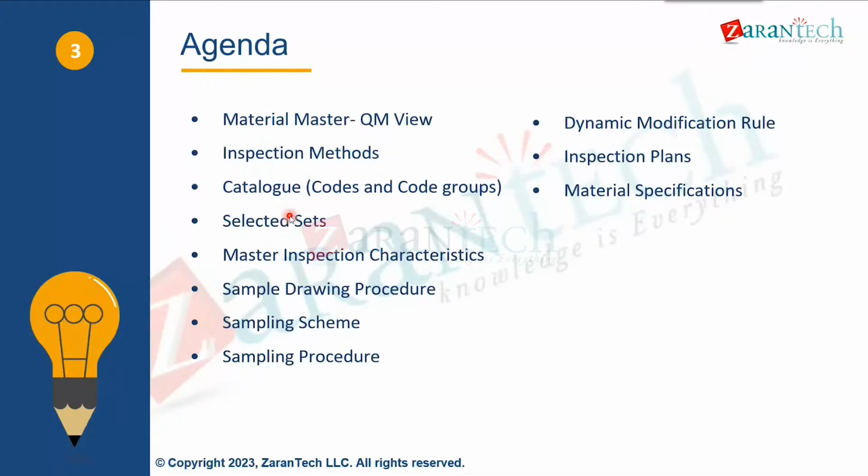Okay. So what is the difference between codes, code groups, and selected sets? This is a very important point to remember. Code group is at client level and selected set at plant level.